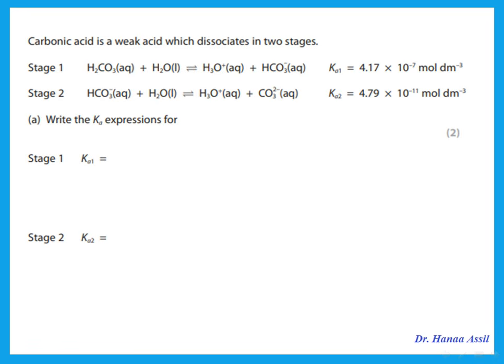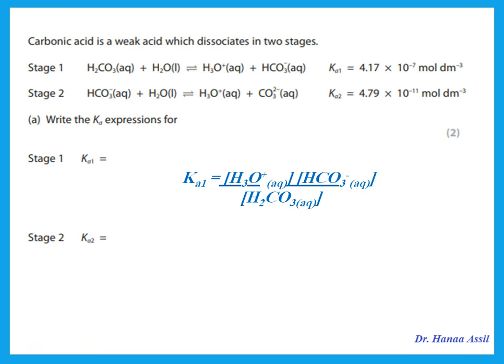Carbonic acid is a weak acid which dissociates in 2 stages, and he's saying write the expression for Ka. Remember that the Ka is always the products over the reactants. Water as a liquid is regarded as such a high concentration that it would not affect the value, so we do not include it in the Ka.